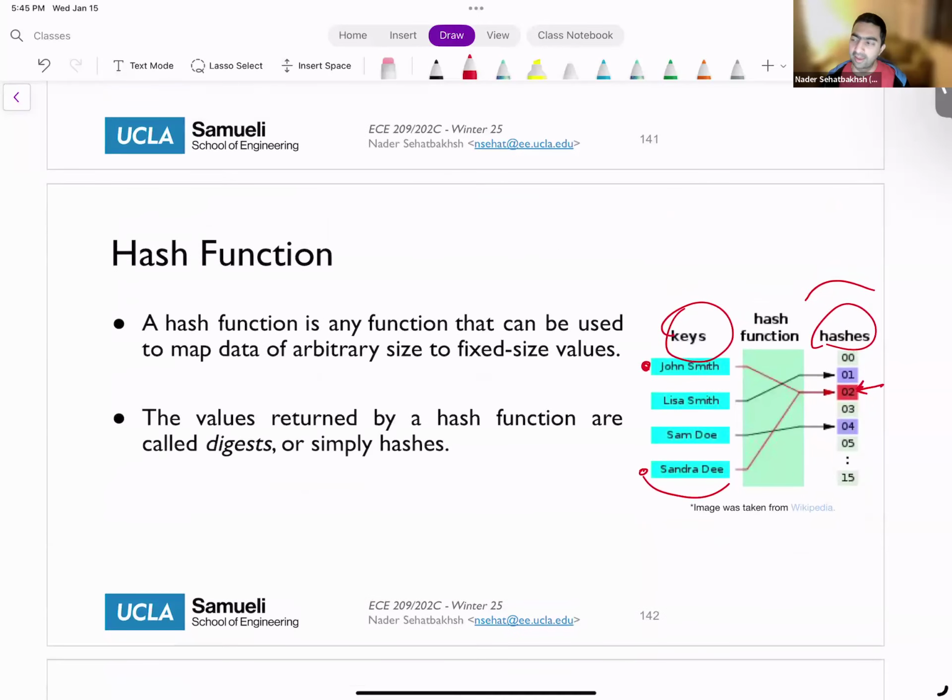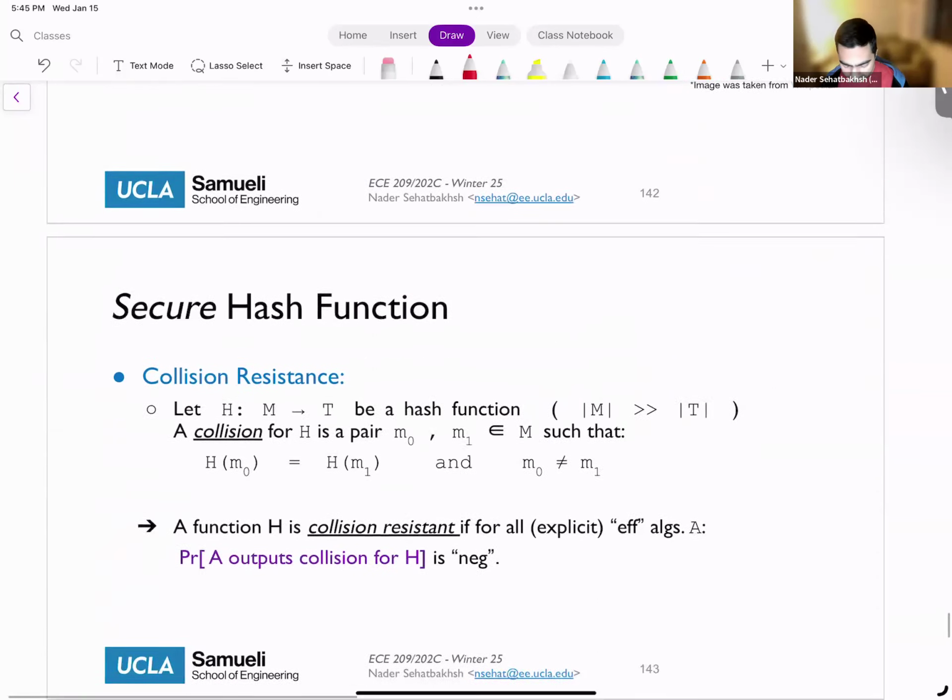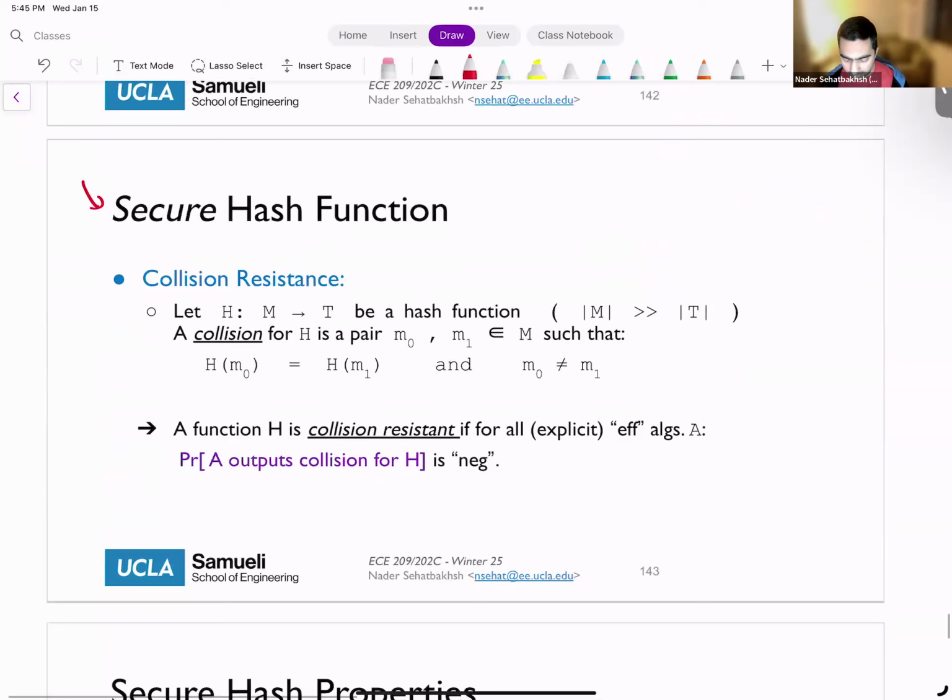The difference between a regular hash function and a secure hash function, which we usually call a secure hash algorithm, is that secure hash algorithms should be what we call collision resistant, okay? So what is collision resistance? I'm giving you a more formal definition. So let's say we have a hash function that takes the message and creates the digest. And as I said, usually the message size is much larger than the output size.